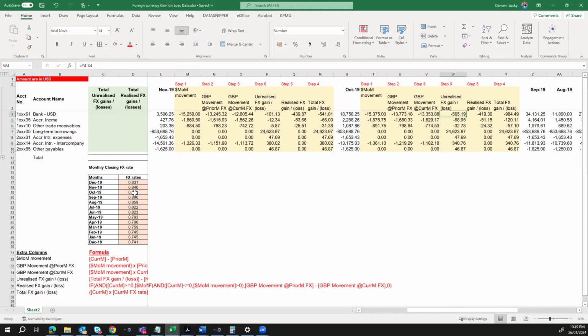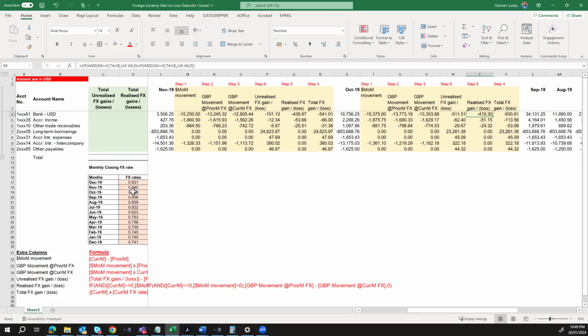Then I need to go to calculate my rates used on the total FX gain or loss. So I'll come in here. October rates should now be September, and November rates now being October. Be very careful while you pick these rates to ensure accuracy of your FX gain or loss computation.